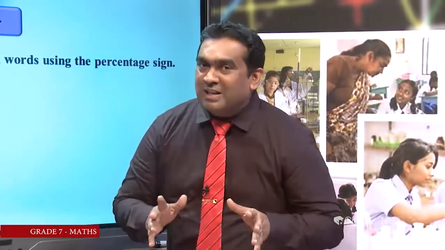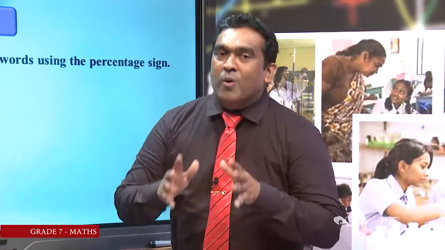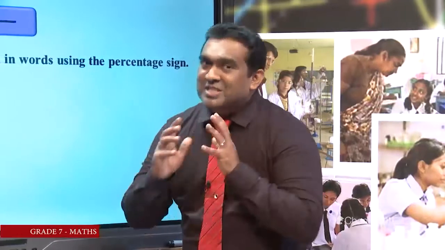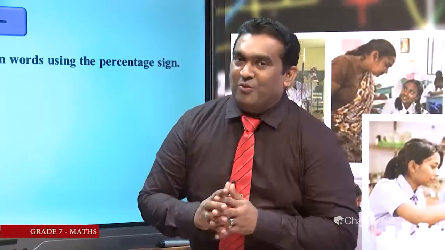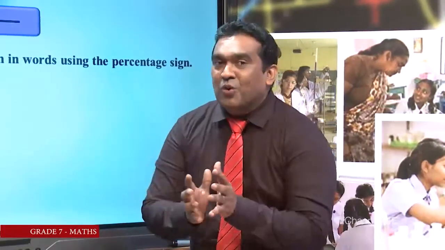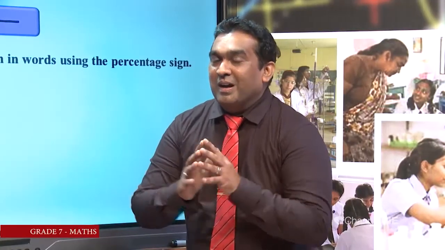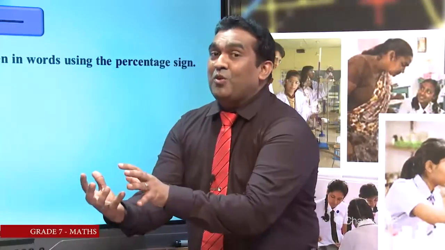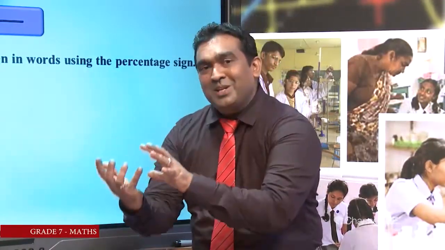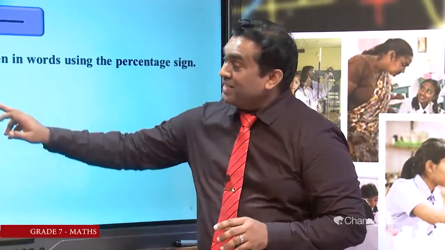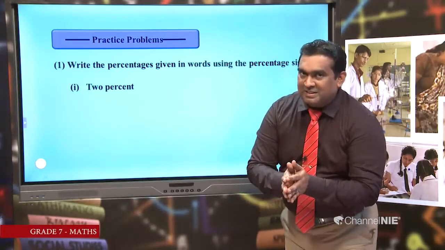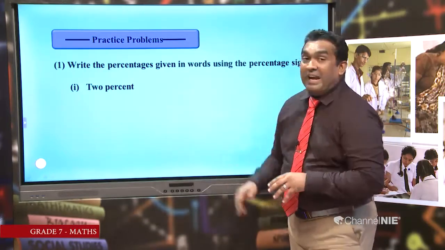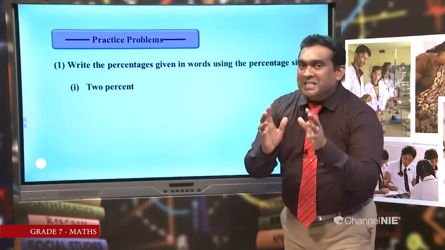What is the numerical value here? 2. 2%: 2, then the percentage symbol. That is how we convert word form into numerical form. You have to express it in digit form, using the symbol.